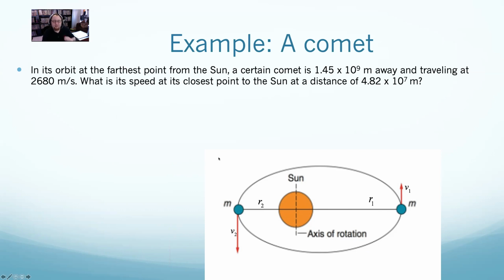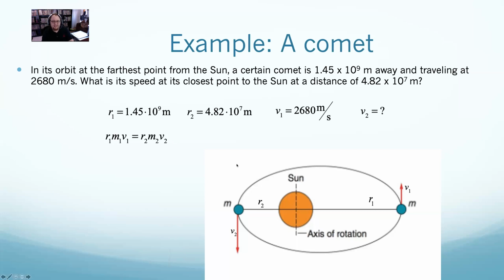I have two distances and two velocities: R1 is my far distance, R2 is my close distance, V1 is my velocity at the far distance, and V2 is the velocity at the close distance. Conservation of angular momentum says that R times M times V should be the same everywhere.